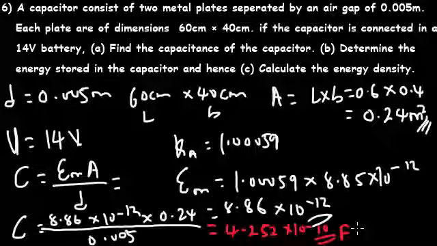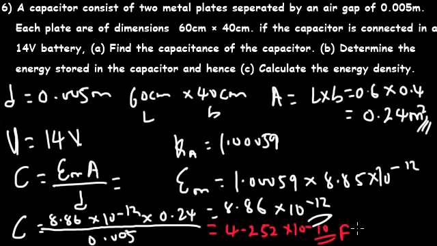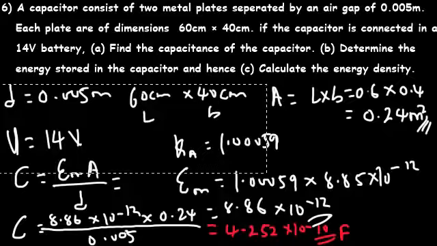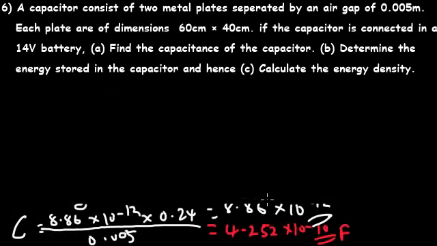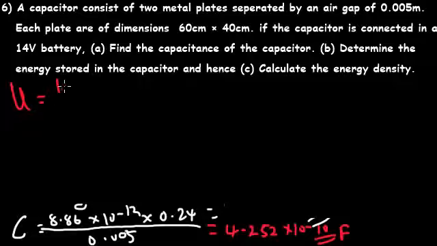So that's our solution to the capacitance of the capacitor. On to part B. In part B, we are to determine the energy stored in the capacitor. So how could we do that? The energy U is equal to half QV.